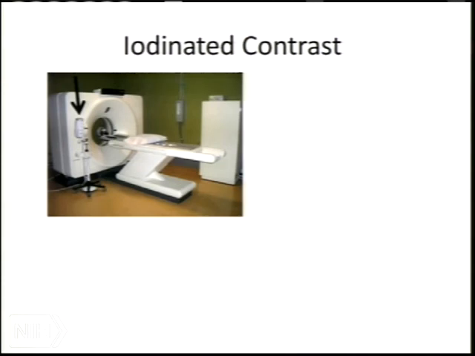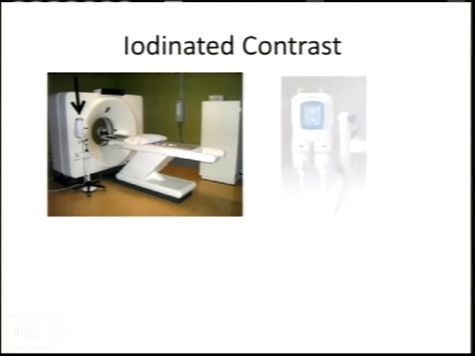And so this iodinated contrast is loaded up into a syringe and then injected into the patient pretty rapidly, 3-4 cc's per second. That's a very rapid injection, so you can get a lot of iodine very quickly, and that picks up on the CT scan.